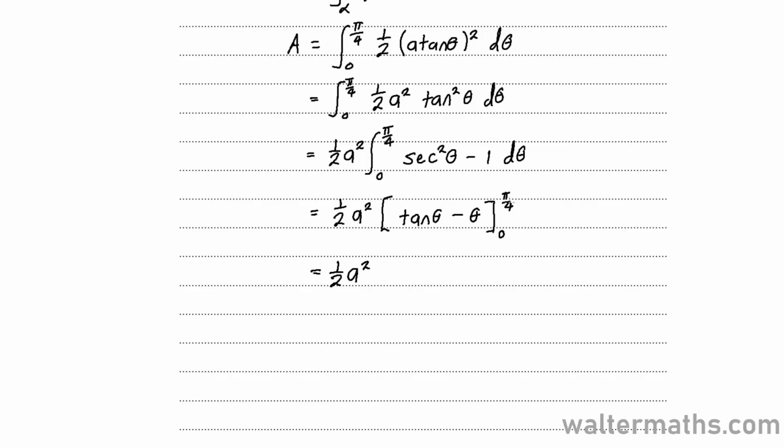And substituting pi over 4 for theta, we'll be having that as tan of pi over 4, and that's minus pi over 4. And it's minus, substituting 0 for theta, that will be tan 0 minus 0, which is just 0. So here I'll now be having half a squared of tan pi over 4 is 1, and it's minus pi over 4. So this is what we get as the answer.